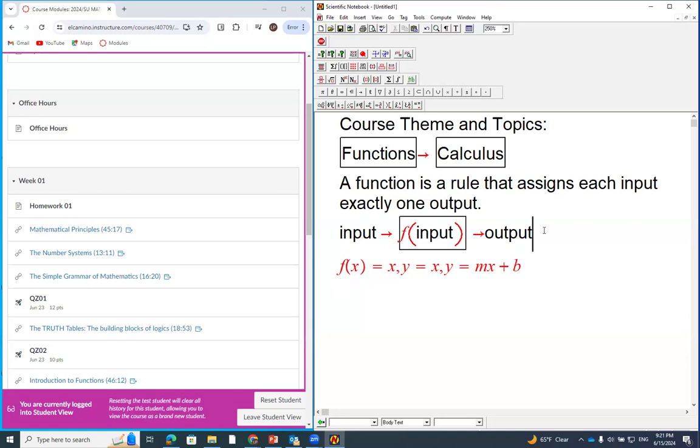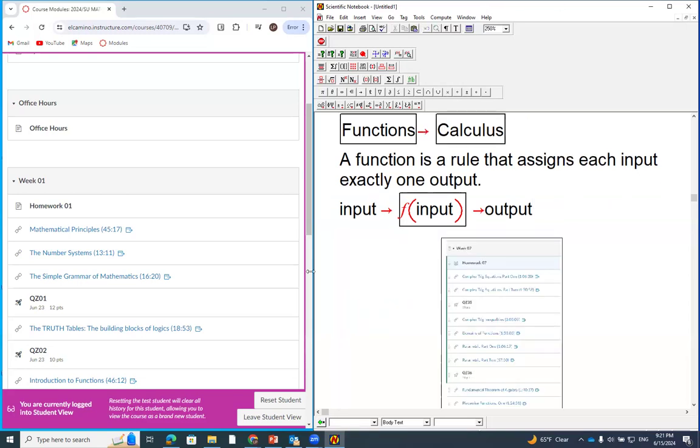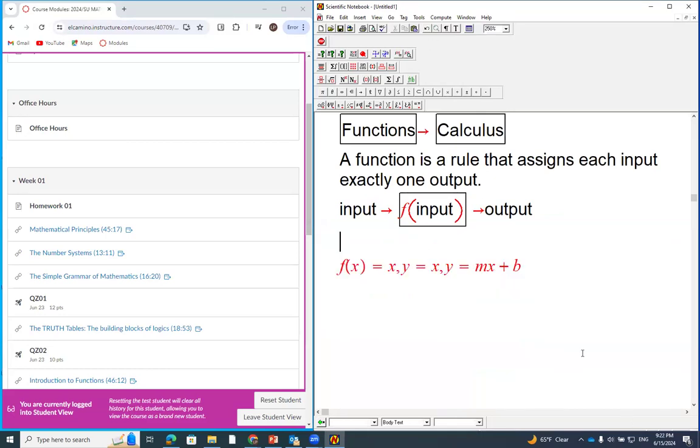Other functions: maybe f of x equals a constant. That's a function too. By now you know that you have learned a lot of functions.